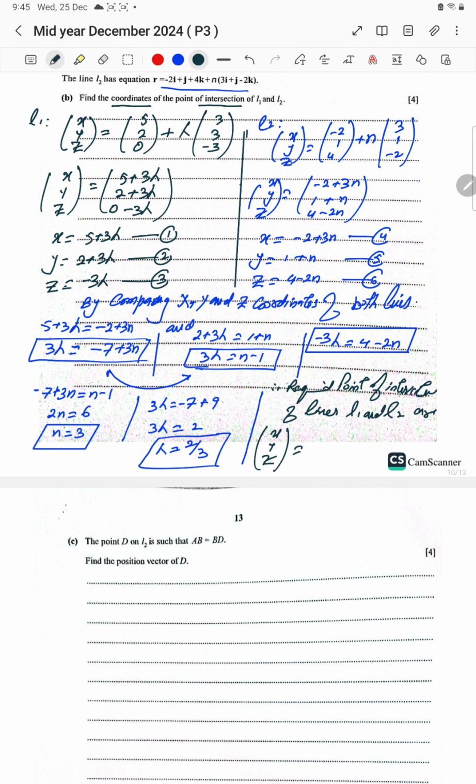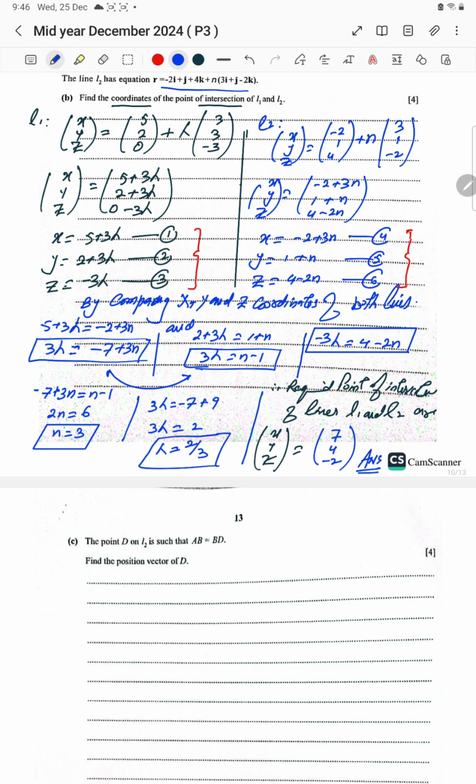If I replace n as 3 or lambda as 2 by 3, anywhere, it depends upon you, you can replace the value in this set or in this set of the line. Select any set and replace it, you will get the same answer. So x, y, z, if I put this one, n is 3, 9, it will become 7, and 4, and minus 2. This is the point of intersection. I hope it is clear.